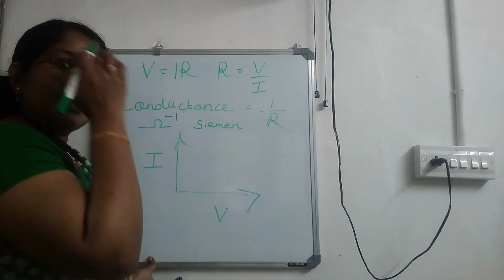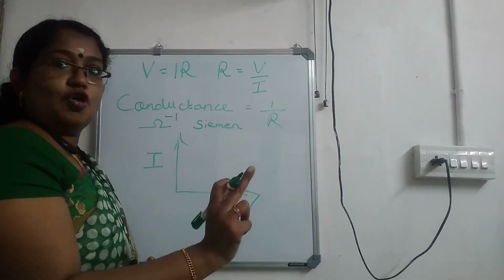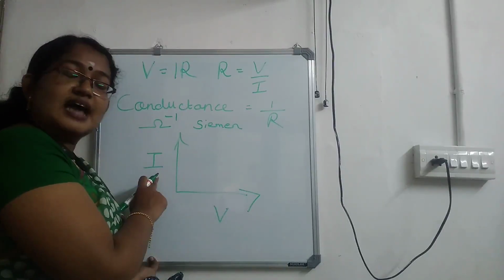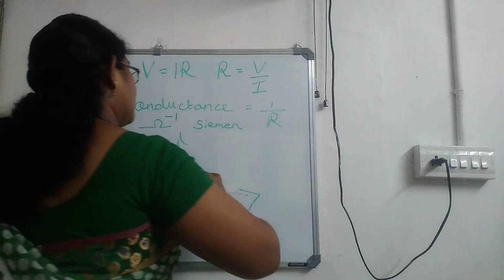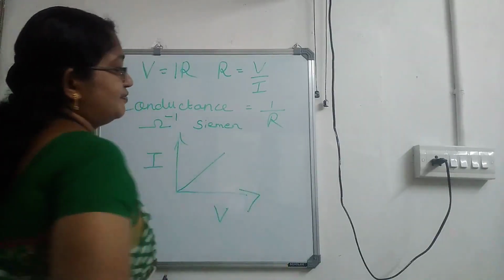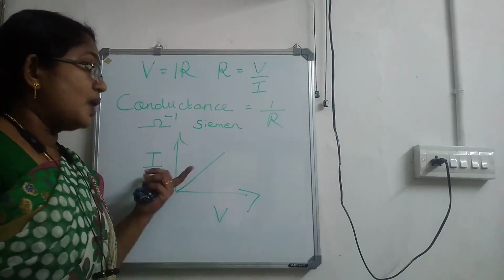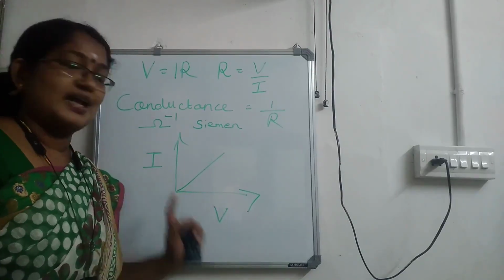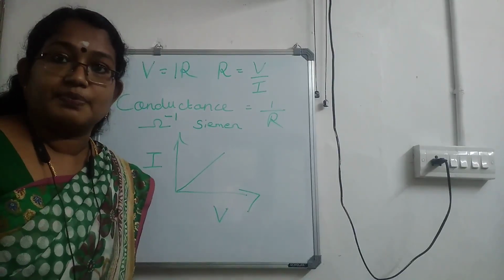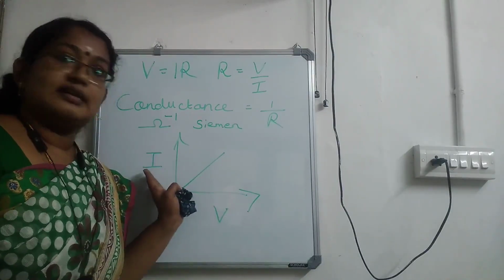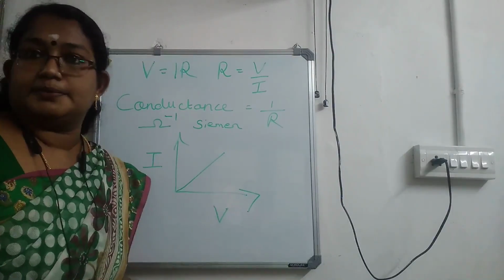So when you are drawing an IV graph, according to Ohm's law, voltage, or potential difference, is directly proportional to the current. So what about the shape of the graph? You will be getting a straight line graph. Okay. So you have to study this graph. It is known as IV graph. Okay. IV graph. And what about the shape? It is a straight line.